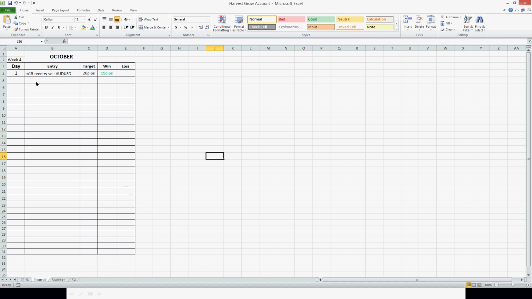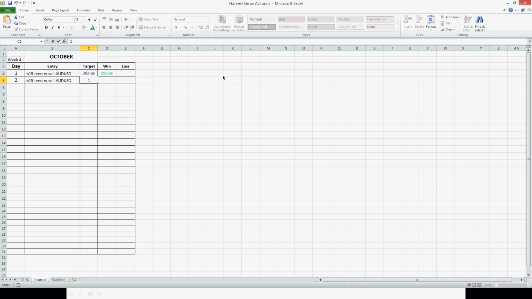So let's say you find another entry. You're still on AUD, there's another re-entry sell again on AUD, and you enter that.